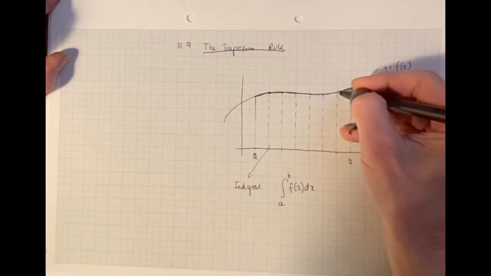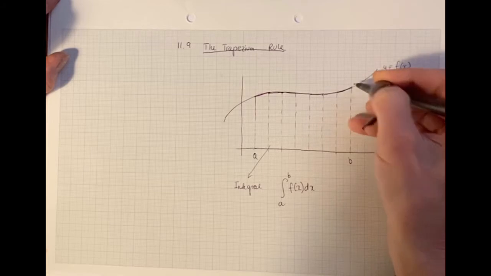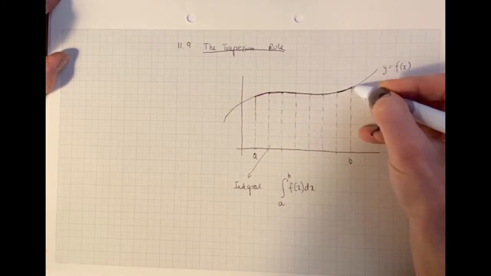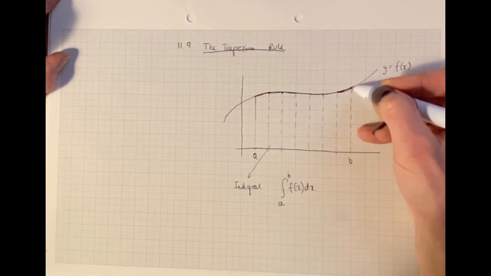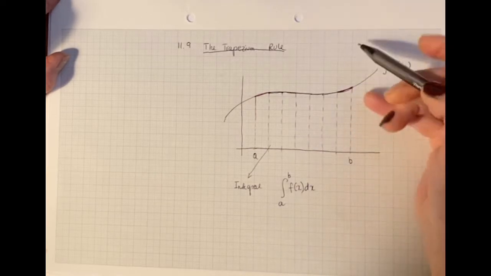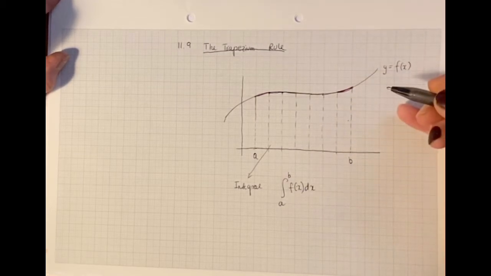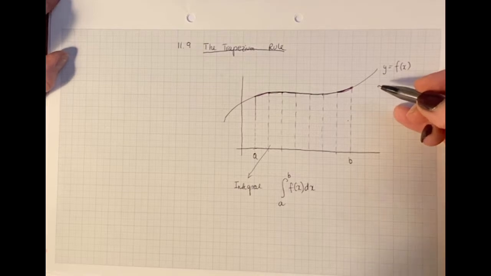If you have a concave curve, like over here, and you join the two points, then the curve is going to be below the top side of the trapezia. So that particular trapezium would give an overestimate.